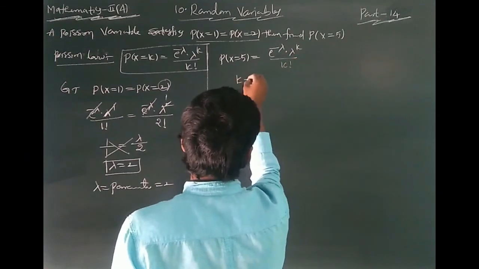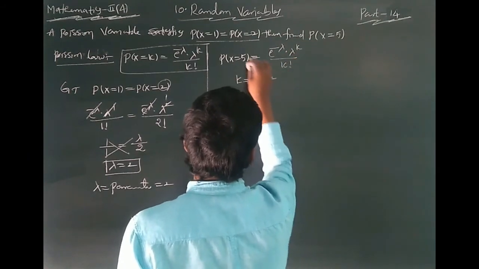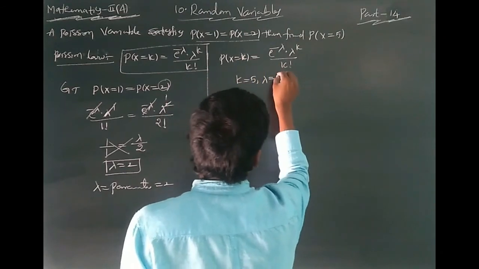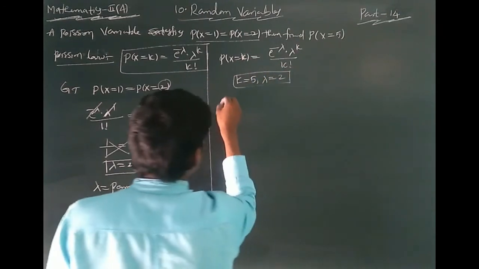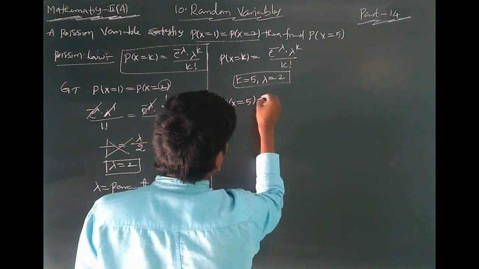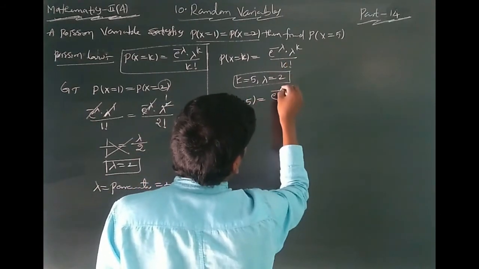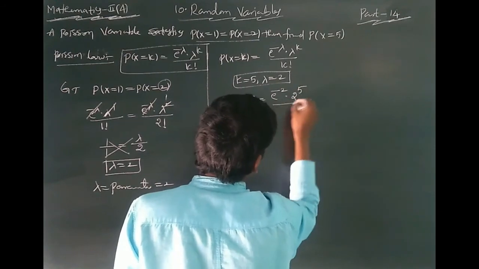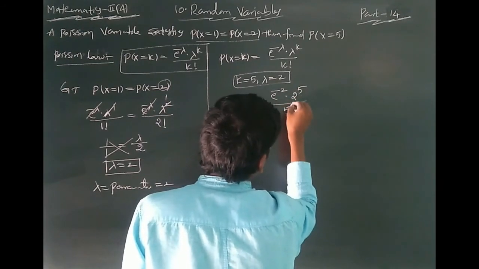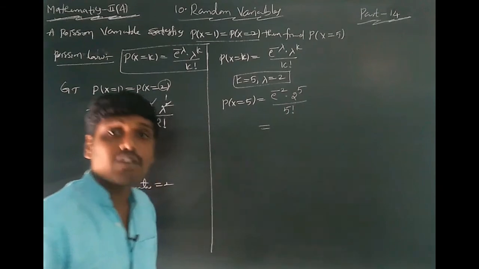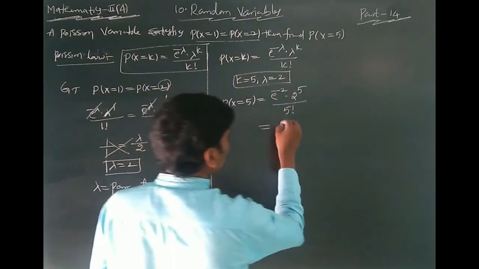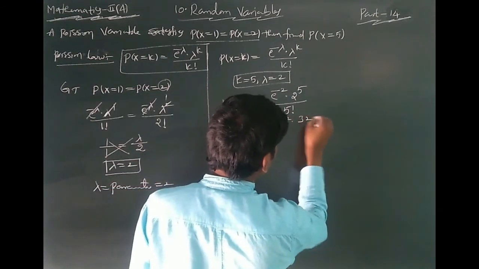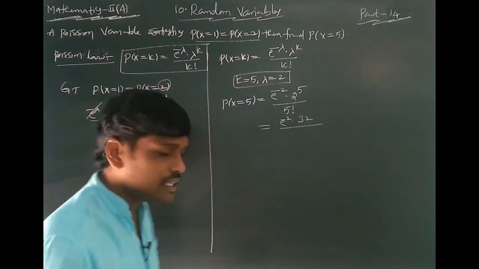So P of x equal to 5 is e power minus 2 into 2 power 5 by 5 factorial, and 2 power 5 is 32.